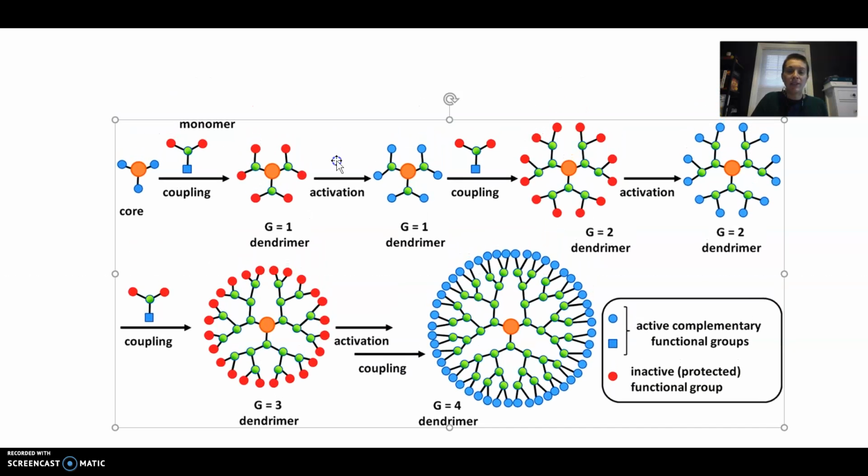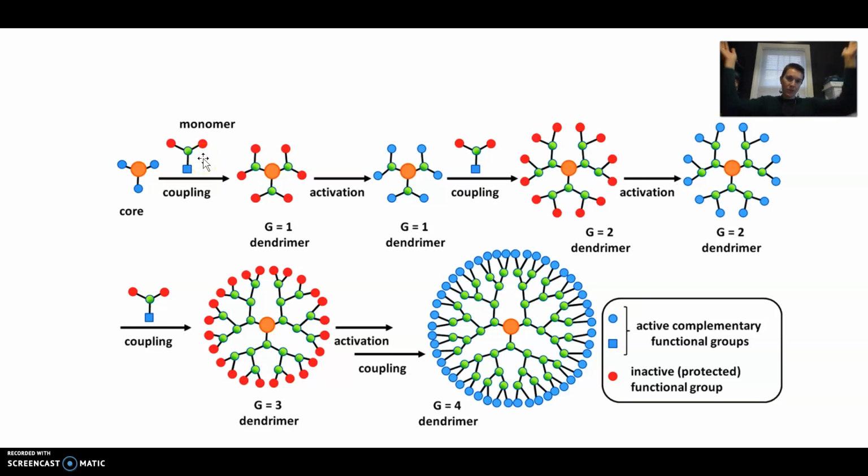At each step, we went generation by generation, and we added more arms to the arms already there. In this particular example, this group took a 3-arm core, and then they had a monomer with 2 arms on it. To get from the core to generation 1, they took 3 arms, and they added 2 arms to each of the 3 arms.